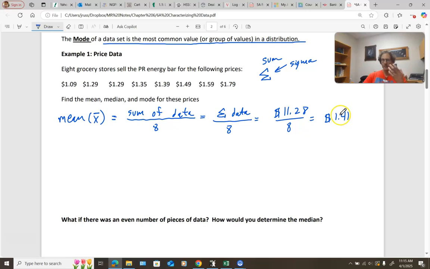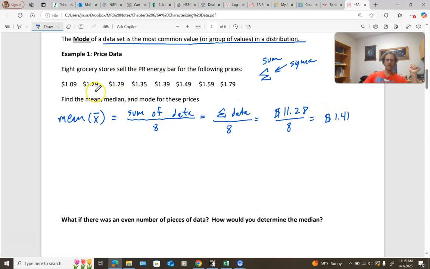We would use this statistic to give us an approximation or an estimation about the true average. The true average would be the average cost of the energy bar from all grocery stores. But this gives us an idea. This is an estimate.